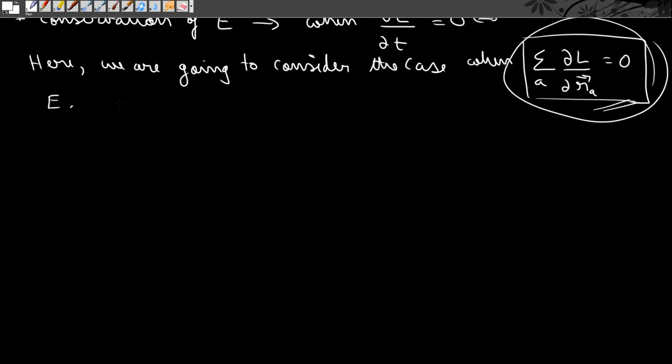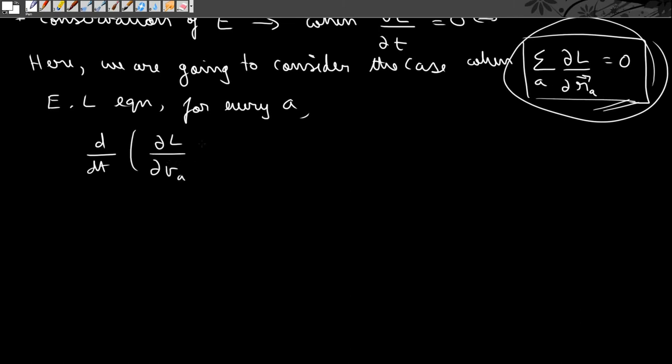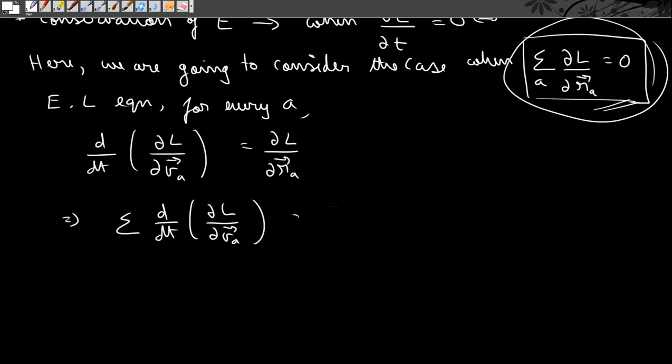Then from our Euler-Lagrange equation, for every a, we will have d by dt of dou L by dou Va vector is equal to dou L by dou Ra. This implies summation d by dt of dou L by dou Va is equal to summation dou L by dou Ra vector.